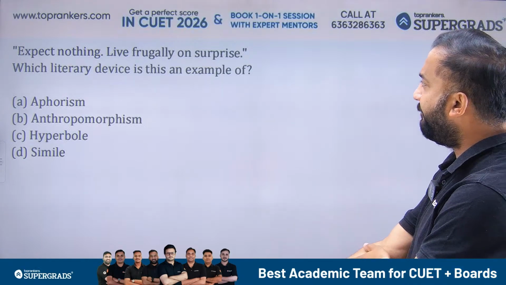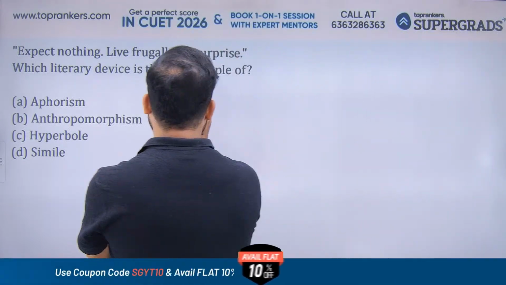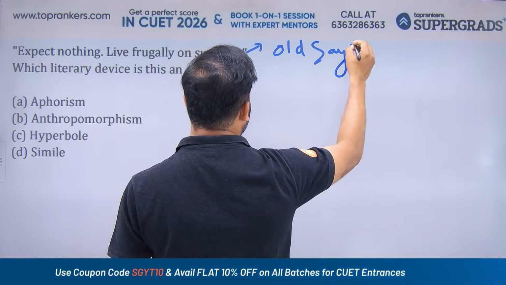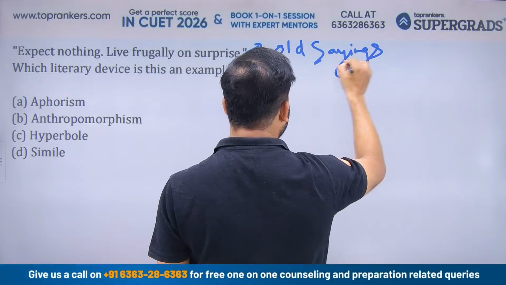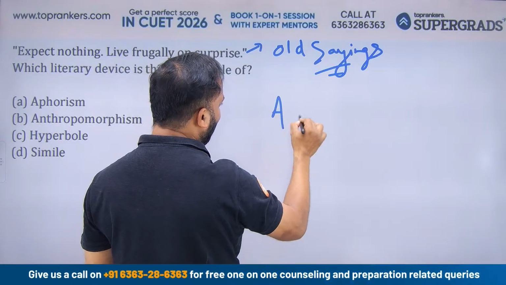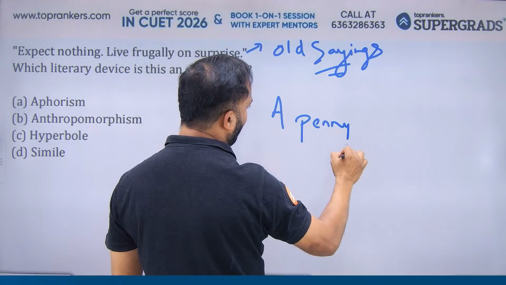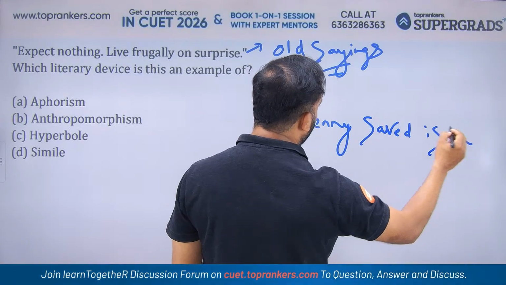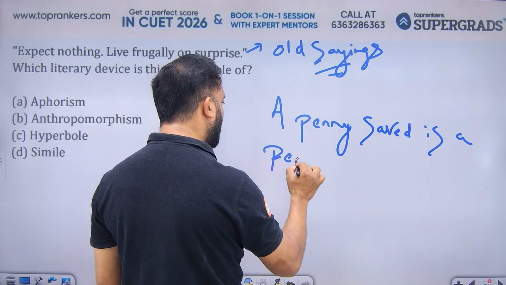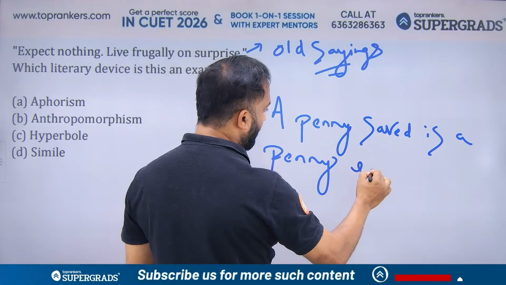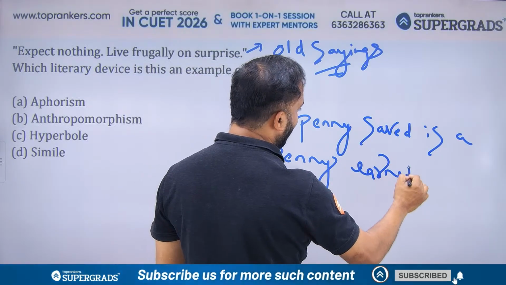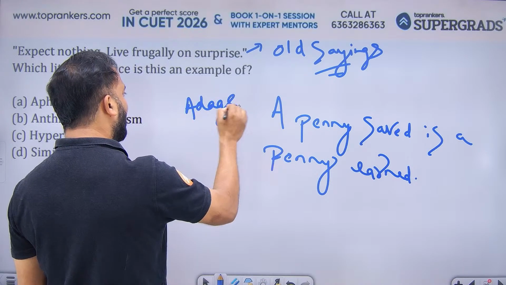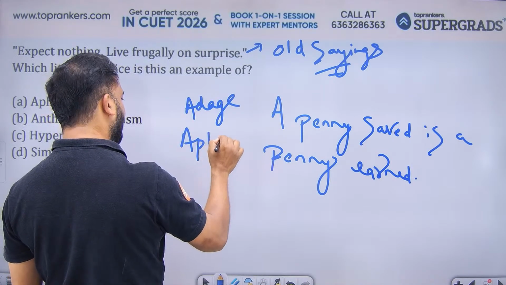Expect nothing, live frugally on surprise. So this is an old saying. ठीक है, ये जो old sayings होती है ना, old sayings like a penny saved is a penny earned. तो ये जितनी भी old sayings होती है, these are known as adage and these are known as aphorism.